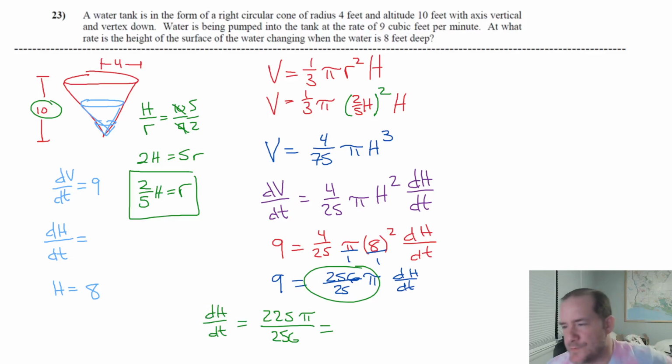So nothing left to do but make this a decimal. So 225 pi. Did I just screw up? Of course I did. That's my bad. This pi that we had here is technically in the numerator. So when I multiply by the reciprocal, that pi, of course, is going to end up in our denominator down there.